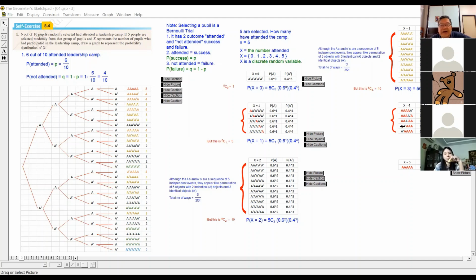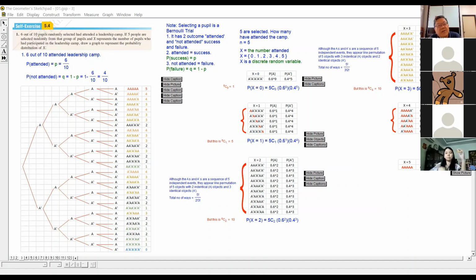So now you have 5C4, right? So success is 0.6. So 0.6 to the power of what? If this is 4, then 0.6 to the power of 4, correct. Then 0.4 to the power of what?